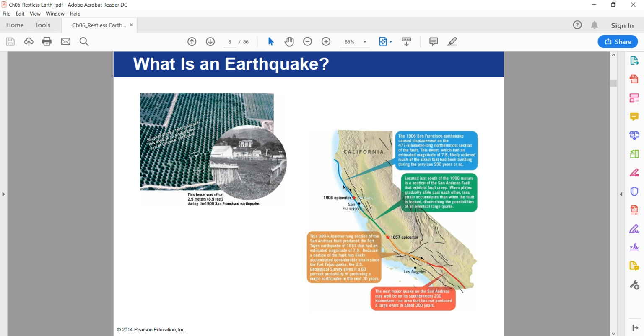That's why there is this offset between the parts of the fence. This offset is about 2.5 meters, which is about 8.5 feet. That's quite significant movement, and this led to a major earthquake event.